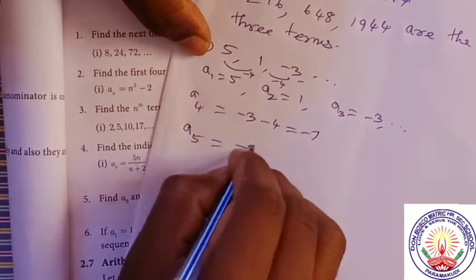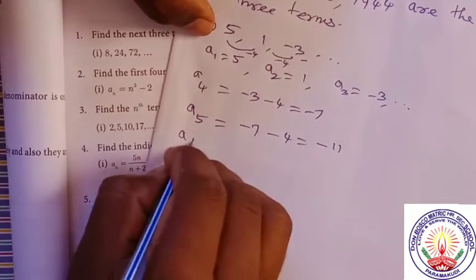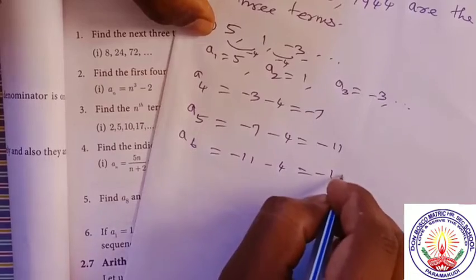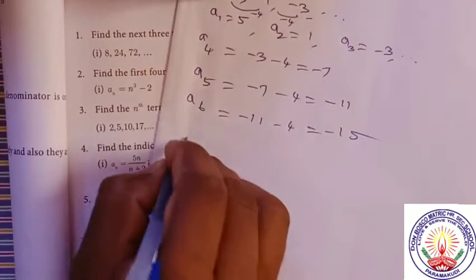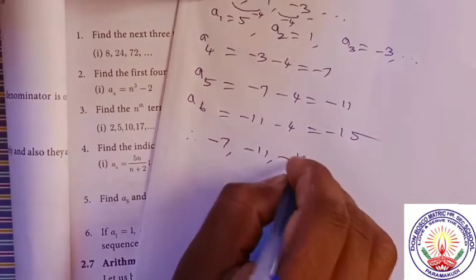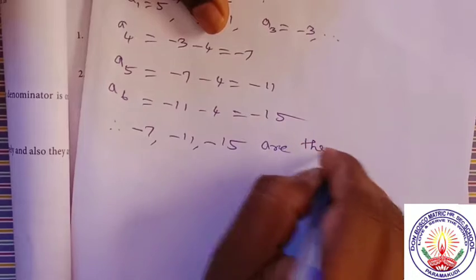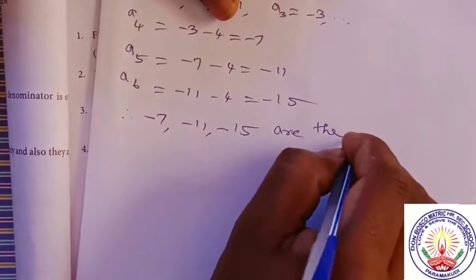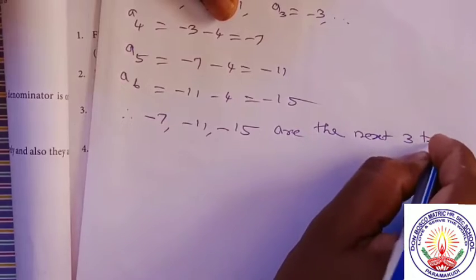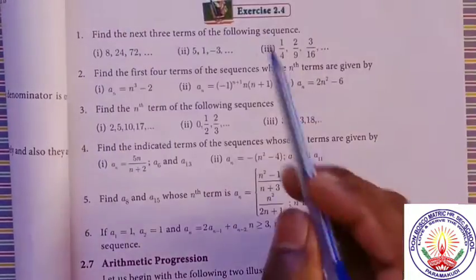A5 is equal to minus 7 minus 4, answer minus 11, and A6 is equal to minus 11 minus 4, answer minus 15. Therefore minus 7, minus 11, minus 15 are the next 3 terms. So like that we can solve.